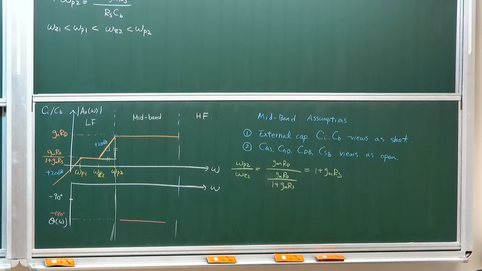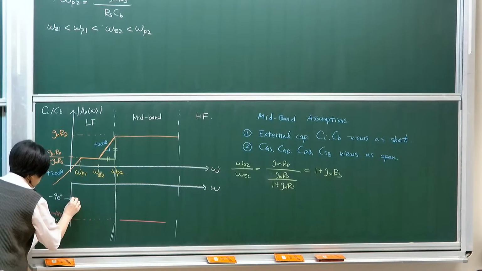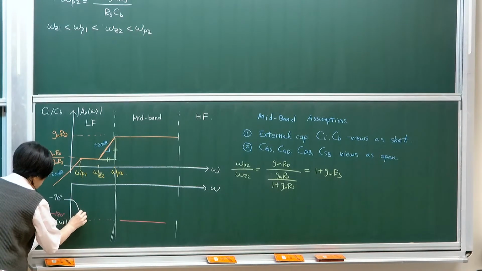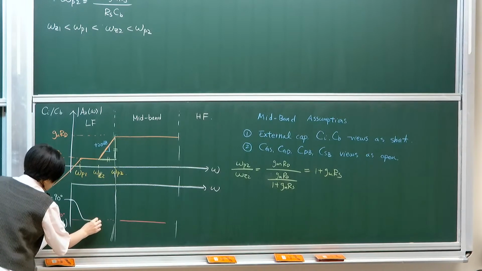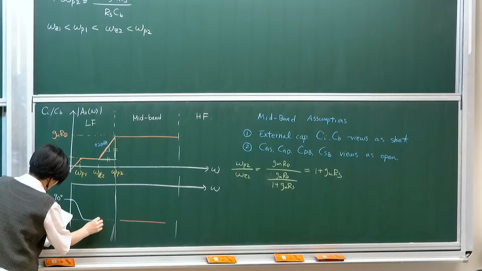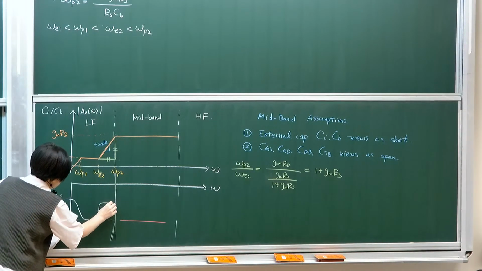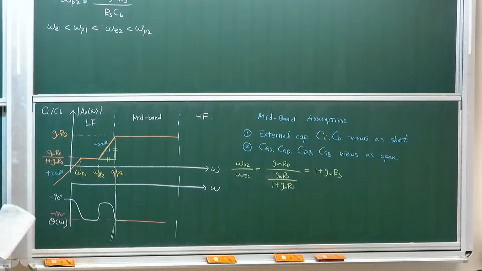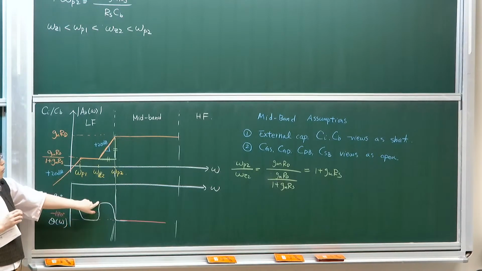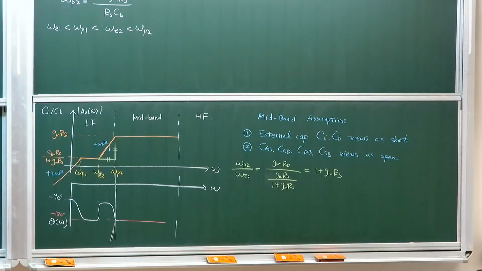The reason for the minus is, of course, because it's a phase of 180. So you get minus 90. And then if I do the plot, it will look very weird. It will go down, and then when it hits the 0, it will come up, and then it will go down again. Once again, you start with 90, you hit omega P1, drop another 90, come out with a 0, and come down with a pole.